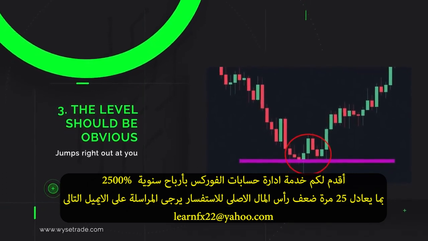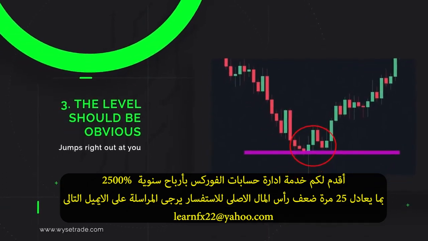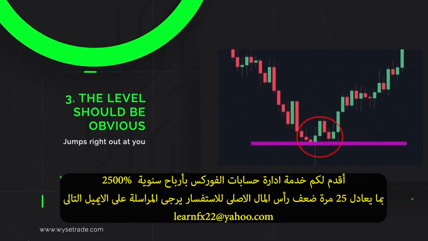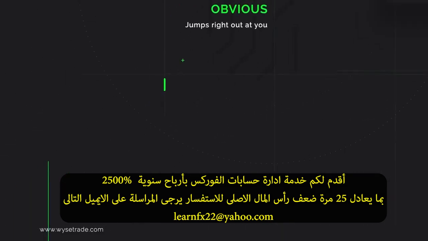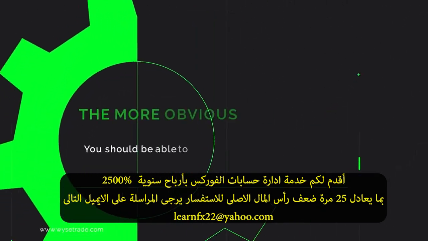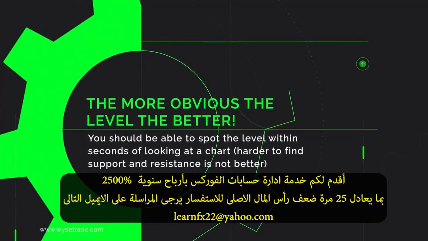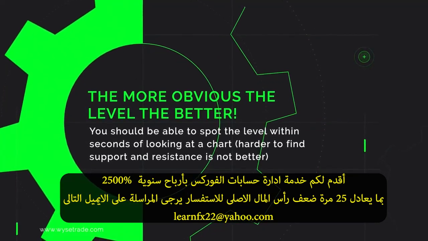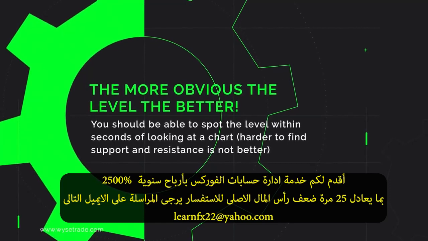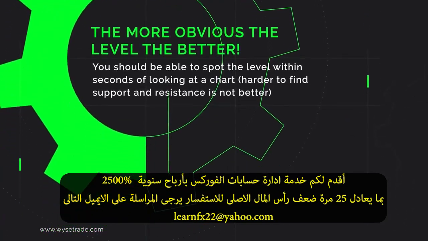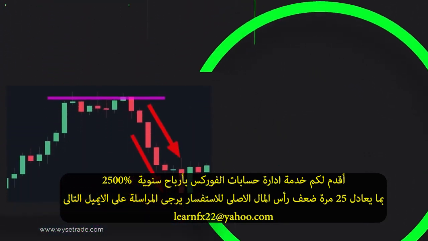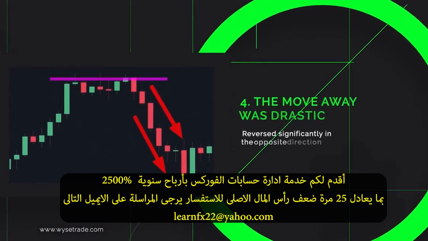3. We want the level to be obvious, meaning it jumps right out at you. Again, to make this clear, the level should be obvious and it should jump right out at you, meaning you should be able to spot the level right away when looking at a chart. 4.